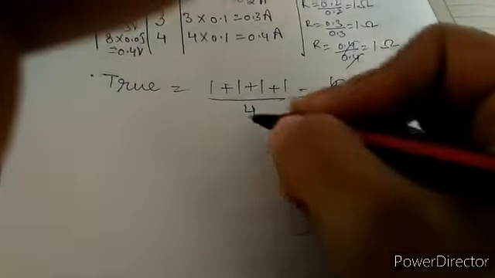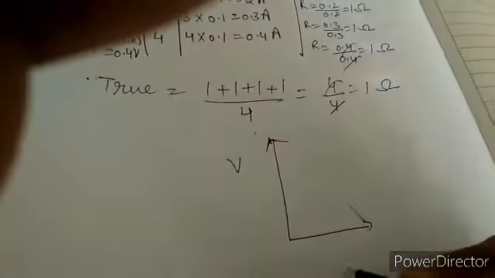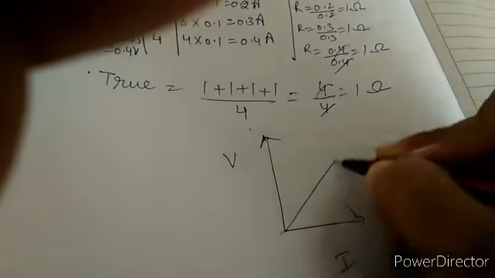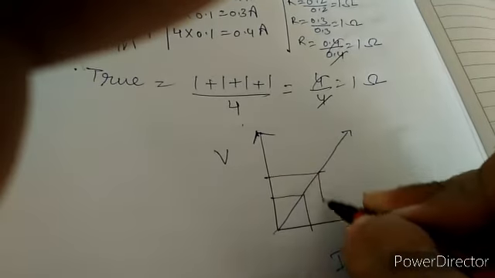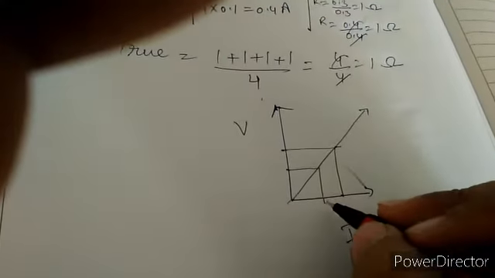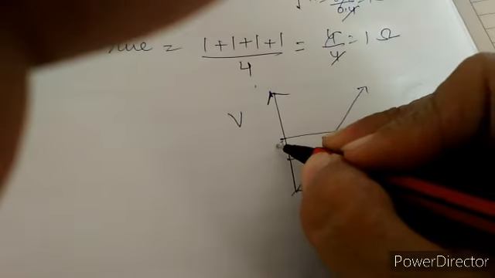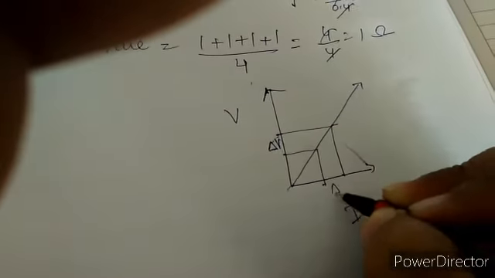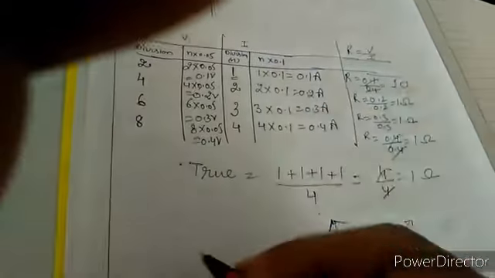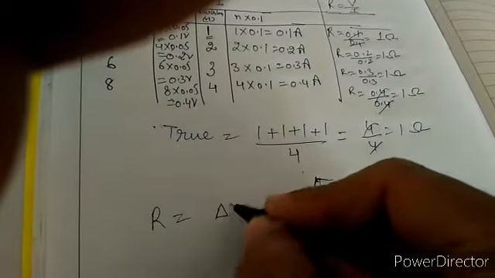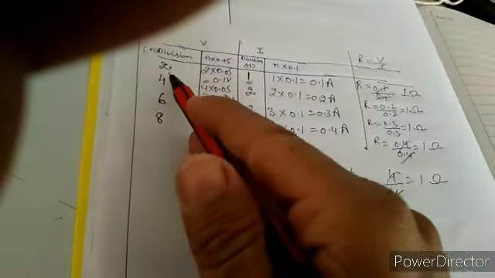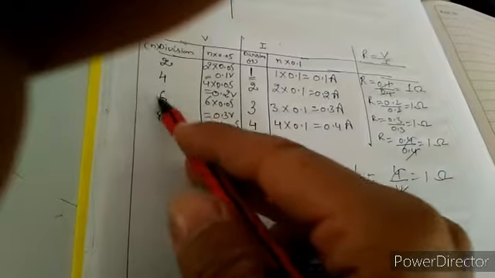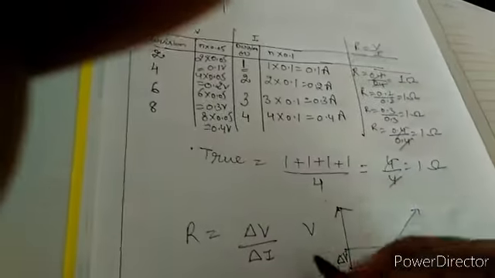If we make the graph of this, we will get a straight line. If we calculate the value of delta V and delta I, what will we get? R is equal to what? Delta V upon delta I. Delta V, we can take any reading from this observation table.